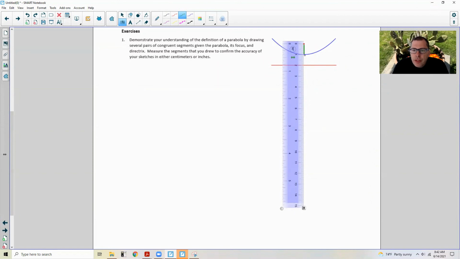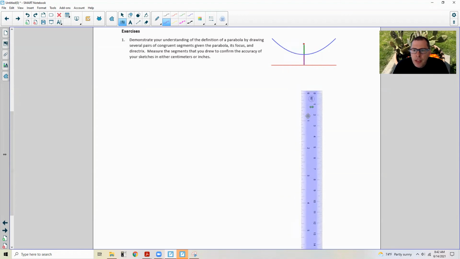And then from here down to here, we get to 2, so this is also a distance of 1 centimeter. I'll do this one in purple. This distance right here is 1 centimeter. I could label those 1 cm and 1 cm. So there's the point that is equidistant from the directrix and the focus.